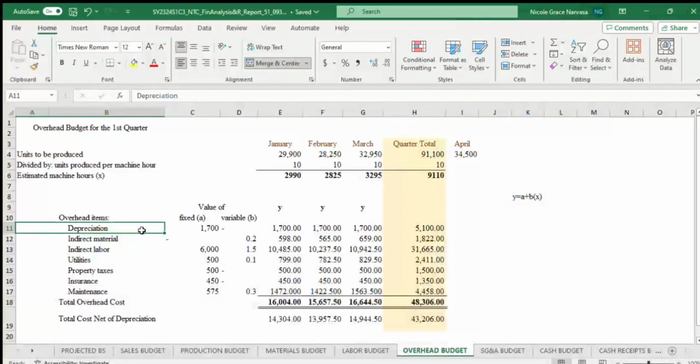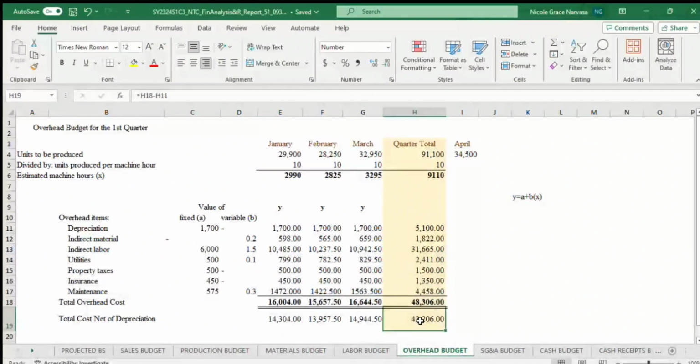Therefore, we need to subtract this depreciation of 1.7 from our overhead costs to get the total cost net of depreciation. Because again, it's non-cash. So to get that, 16,004 minus 1.7 is equal to 14,304.